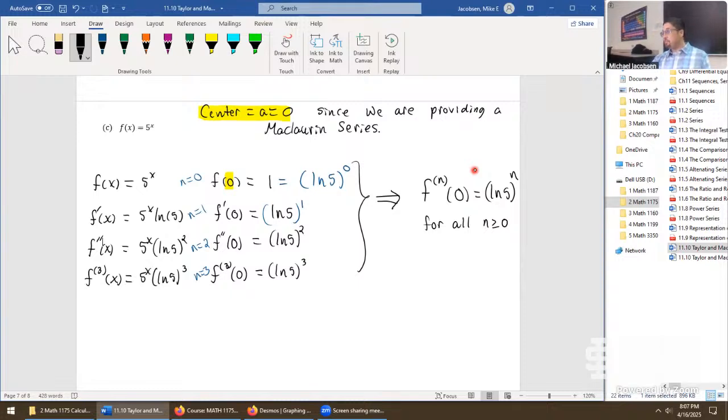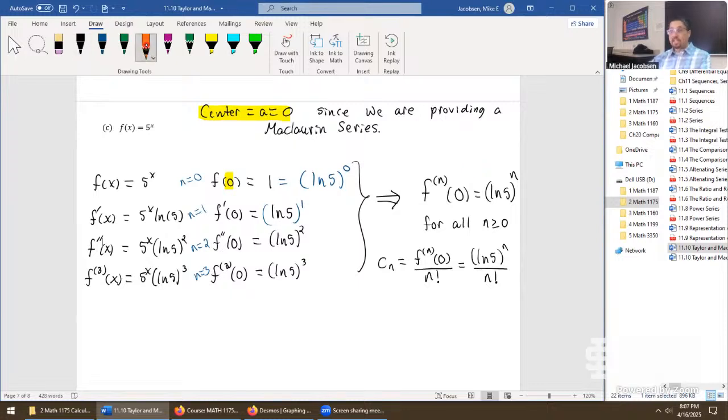So the immediate next step is that the coefficients for this Maclaurin series, defined as Cn, are going to be f^(n) at the center divided by n factorial. So in this problem, it's natural log 5 power of n divided by n factorial.